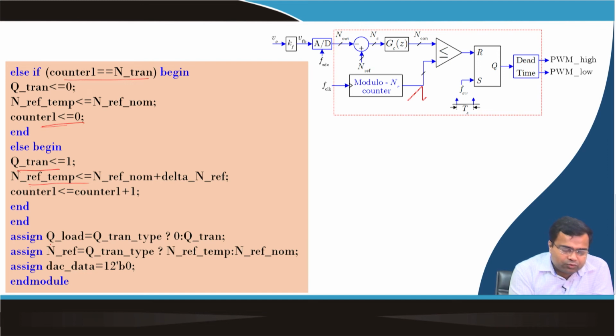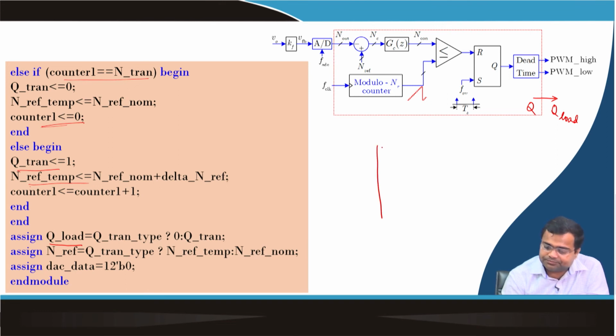Now, the load transient command which is going out is Q load. Now, this Q load we are generating by muxing. This is my Q load, 0 and 1.